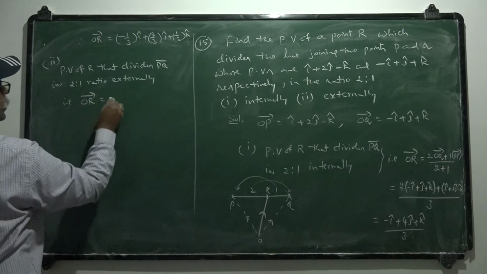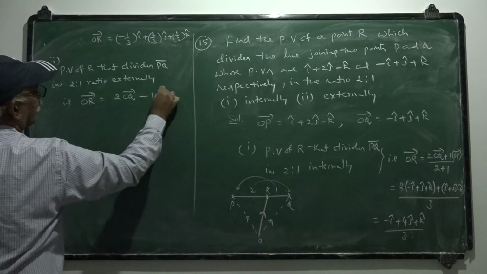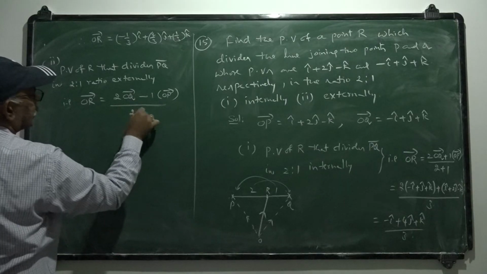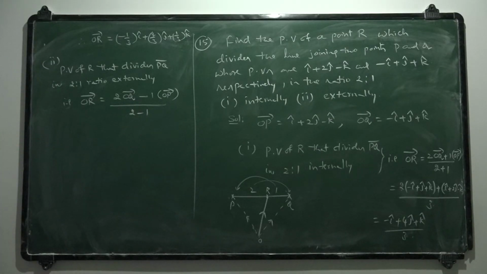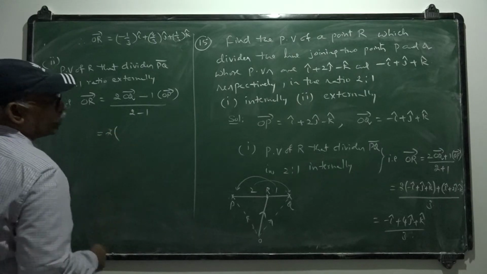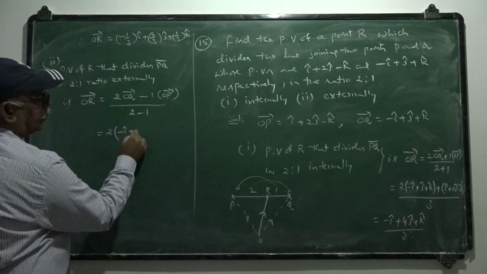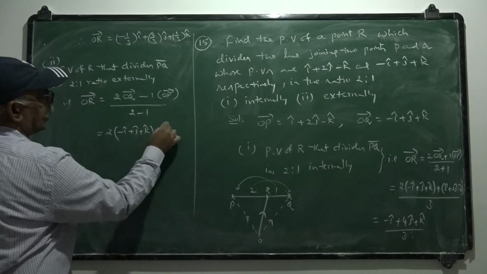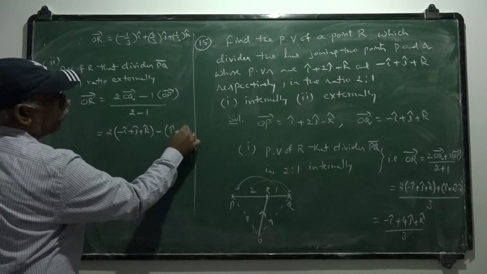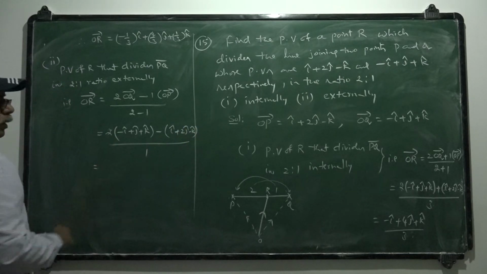In this case, OR bar is 2 into OQ bar minus 1 into OP bar by 2 minus 1. In the external division case, it is m into OQ bar minus n into OP bar by m minus n. That is 2 into the position vector of Q minus the position vector of P, by 1.